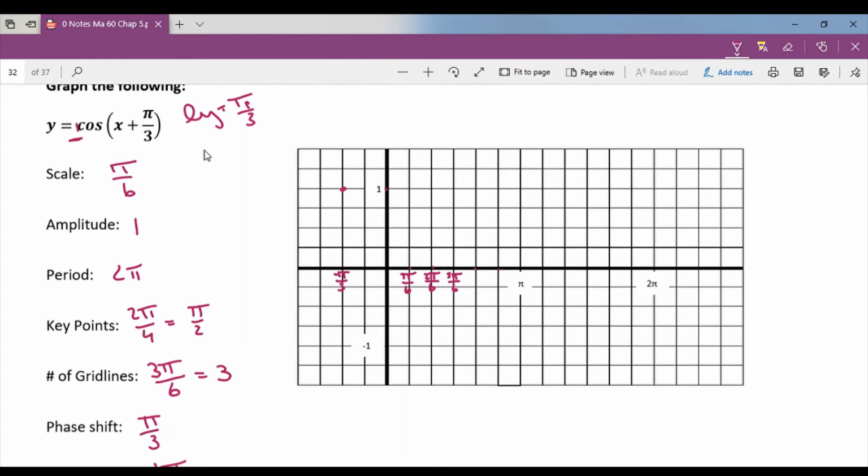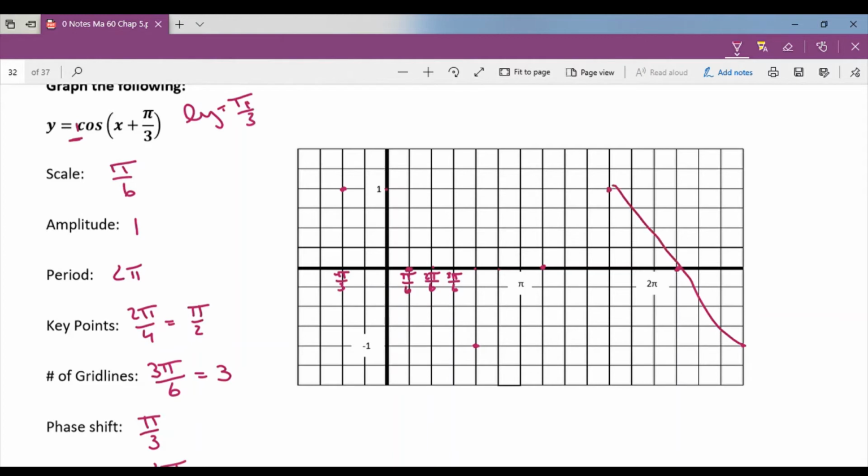So 1, 2, 3 grid lines down to 0, 1, 2, 3 grid lines down to negative 1, 1, 2, 3 grid lines back up to 0, 1, 2, 3 grid lines up to 1, 1, 2, 3 grid lines back down to 0, 1, 2, 3 grid lines down to negative 1. And then we can't fit that way. So then we just go like this and we connect the dots.